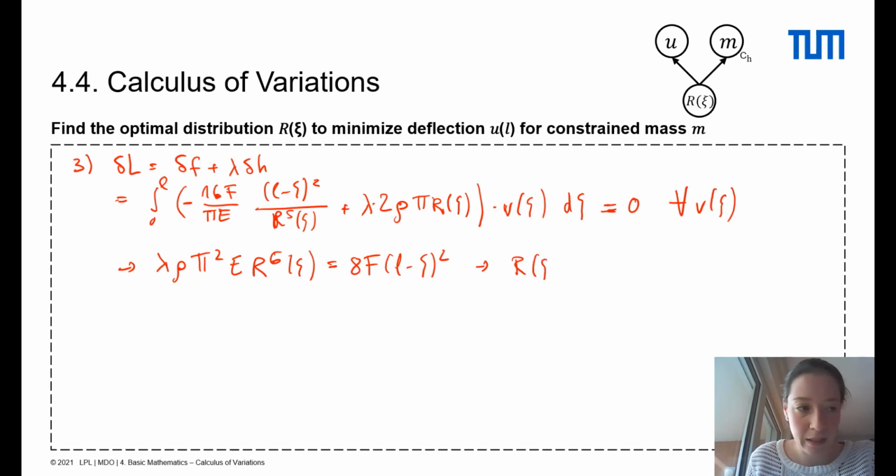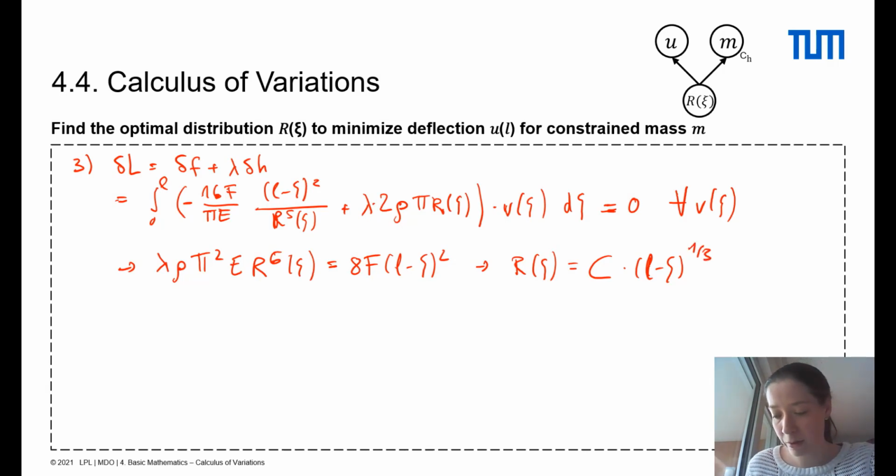So R of xi is some constant c times L minus xi to the power of 1/3, so it's the third root.